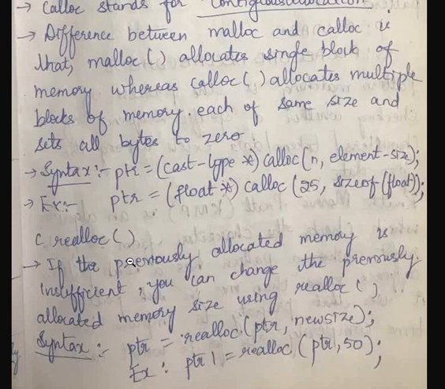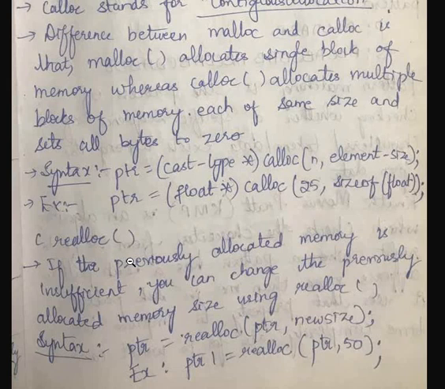The realloc function will help you to change the memory size which is already allocated. Maybe it is insufficient. Before, whatever you thought would require only 1 byte and you allocated 1 byte of memory, it may require 2 bytes of memory. Or you may have specified 100 bytes of memory but it requires only 1 byte.